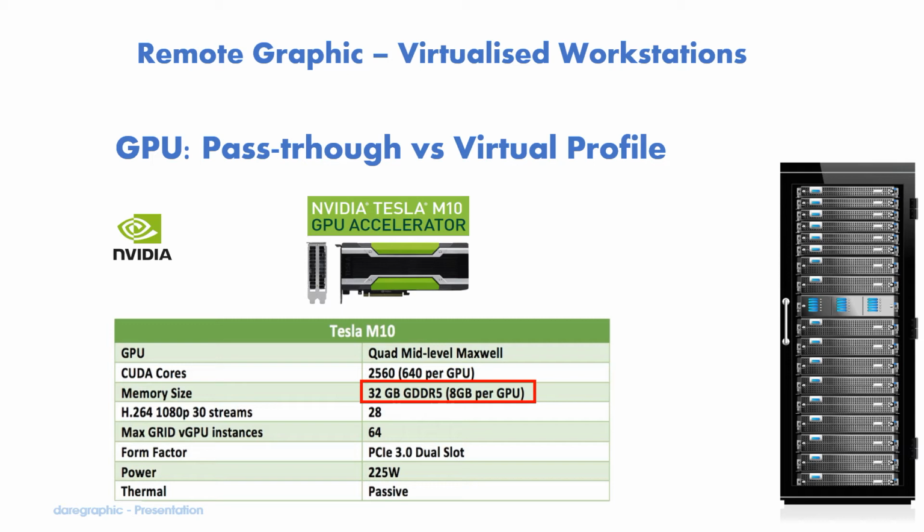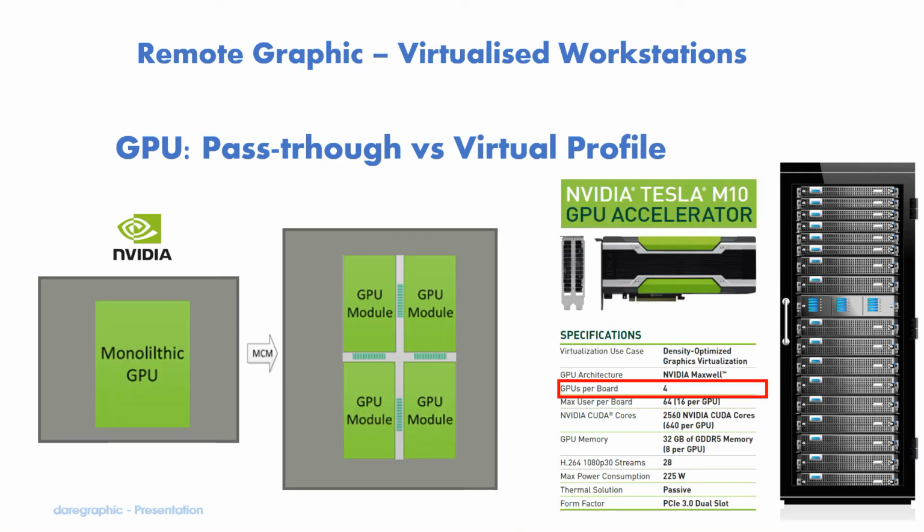So basically, if we look at the concept of a single card that has a single GPU, you would eventually be able to divide that by users, but you would share resources from that card. What the M10 has is four discrete GPU modules in that single PCI card. So you can basically isolate every user completely, from the performance, from the memory buffer, from the CUDA cores. All of those things are fully isolated from one another and give the user full capacity, full performance.